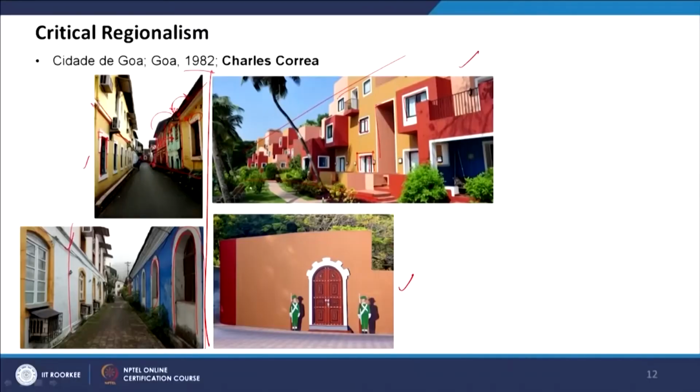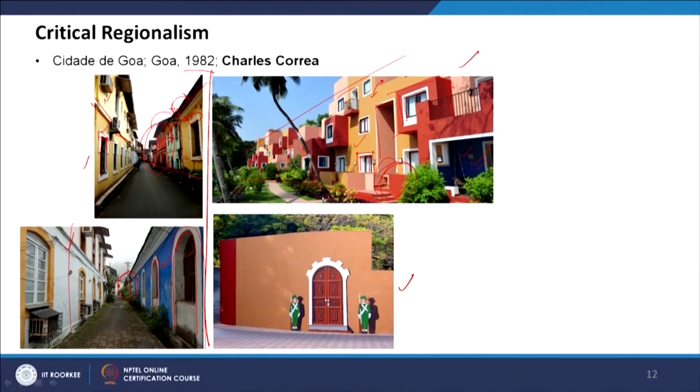He's breaking the monotony with solid and void, but there was also a break with the color, though more or less a similar color palette was used, with some accentuation, darker color tone, and sometimes this blue, which is also used in the Portuguese colony. Most of these colors are taken directly from the Portuguese colony's buildings.